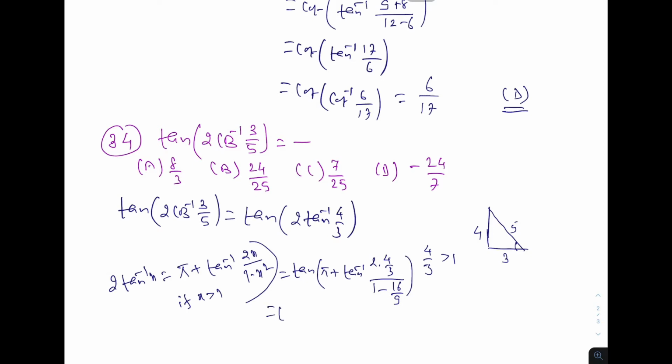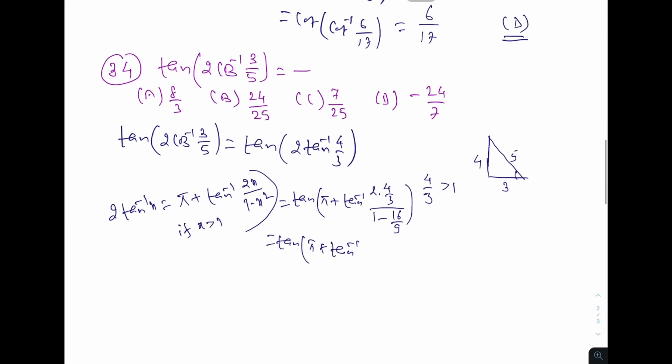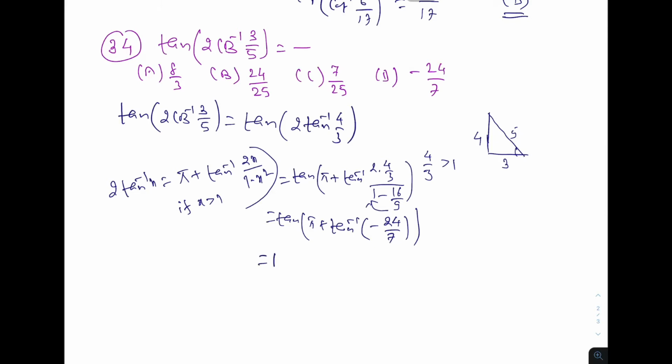Okay, so this is tan of pi plus tan inverse, and this we need to simplify. So this is 9 minus 16 and this is 8 by 3. So you can simplify this and you will have minus 24 by 7. So this is equal to tan of pi, and tan inverse minus x is minus tan inverse x.